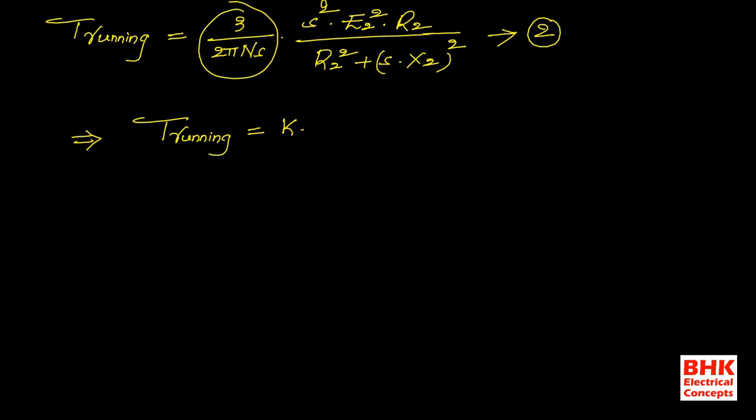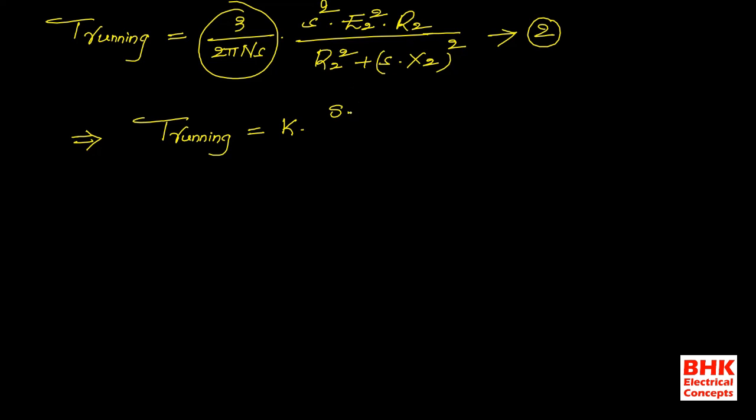S is not constant, because S depends upon the rotation of the rotor. It means that from the starting to the ending, the value of S changes, so we need to consider S here. And R2 is also not a constant value, because in a slip ring induction motor the value of R2 is not fixed; by using the slip ring concept, we can add external resistance.